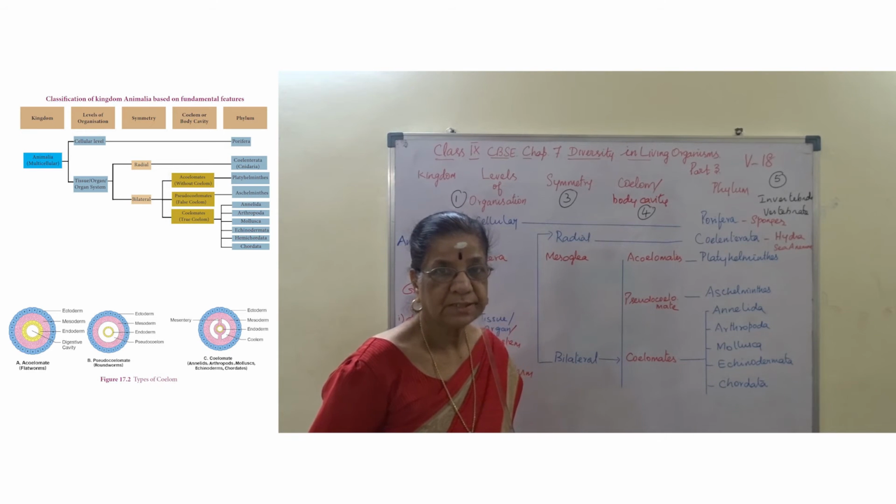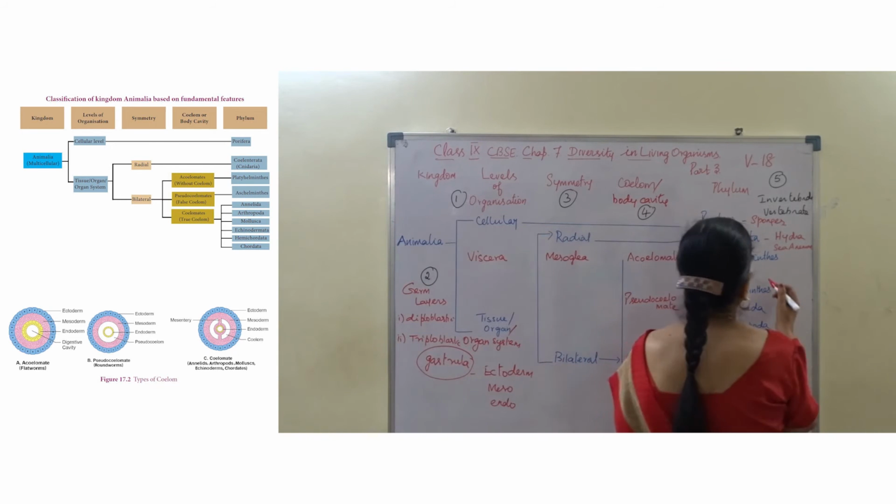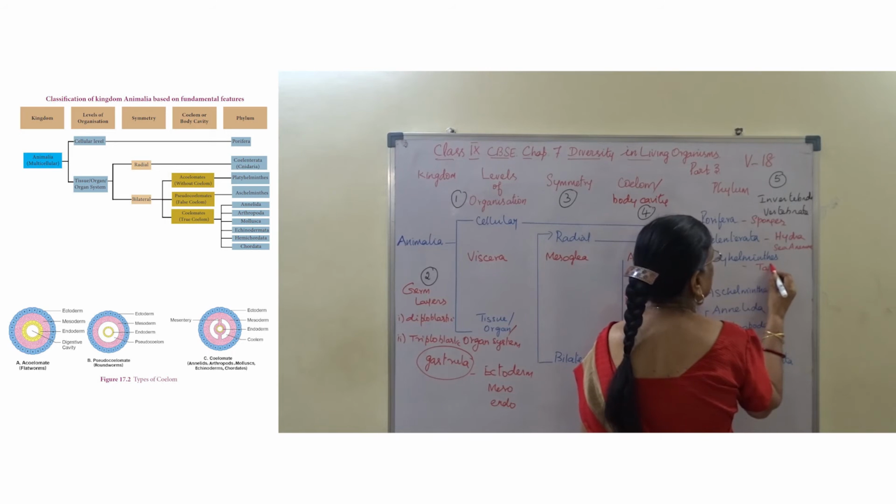I hope you understand. இப்போ ஒன்னொன்னும் characteristic features படிப்போம். So here Platyhelminthes, example tapeworm.